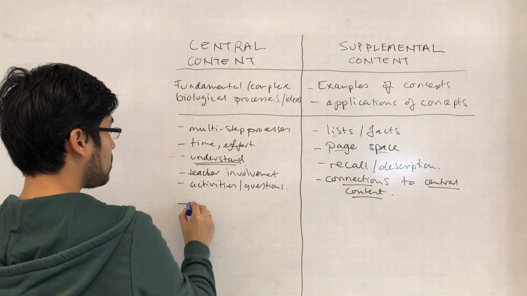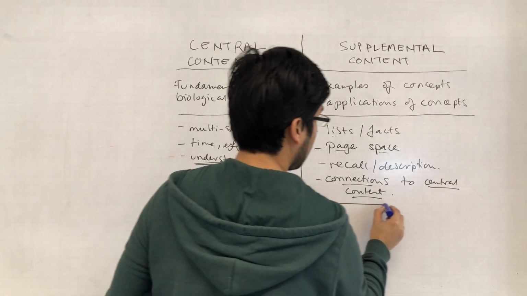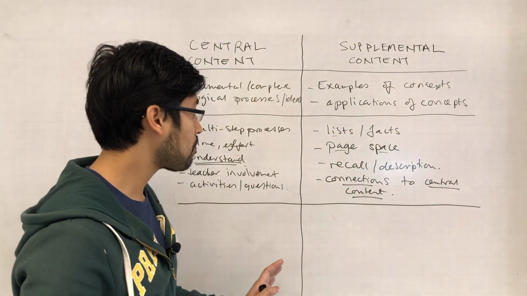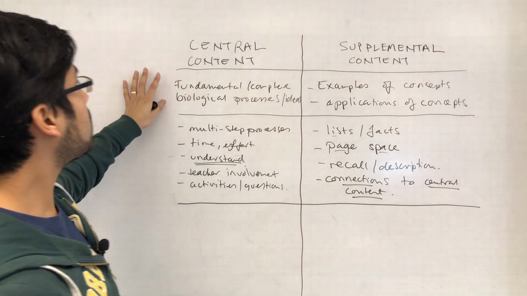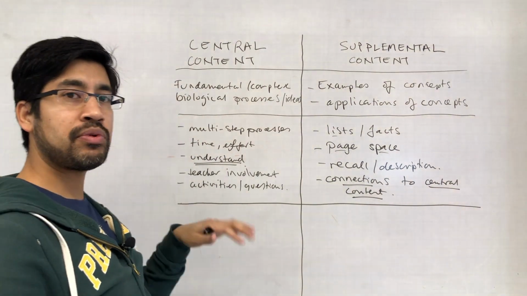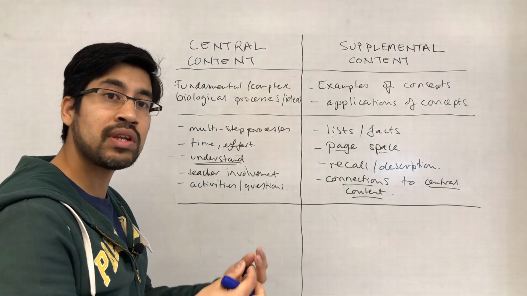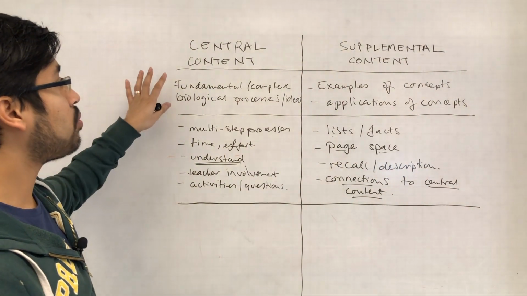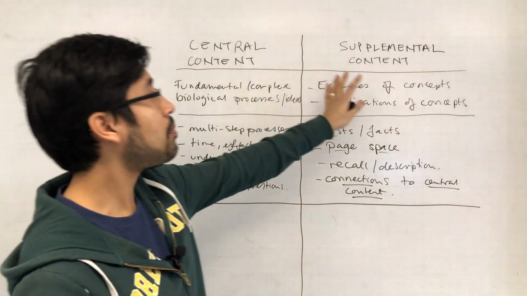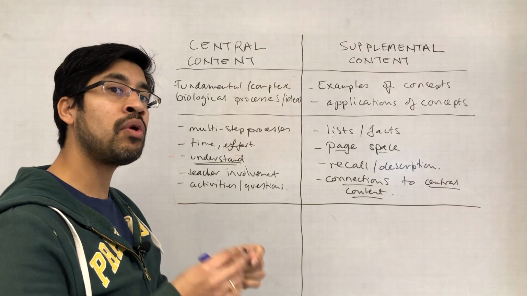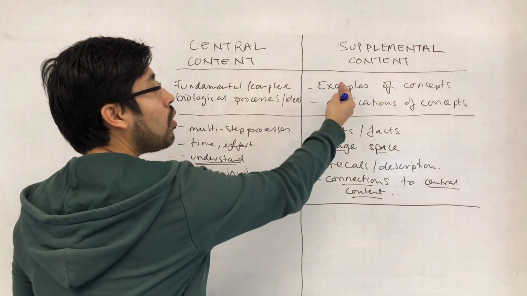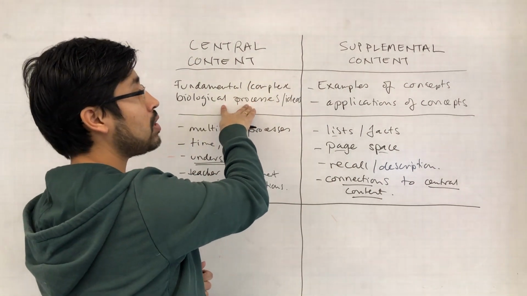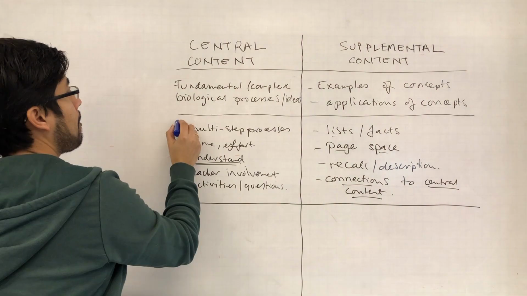Okay, now we'll go through some examples to see what it is I'm talking about here. Central content is fundamental biological principles that really can't be broken down into anything simpler. Okay, this is what the whole idea is based upon. The supplemental content doesn't really stand on its own. It lives because of its connections to the fundamental idea, the fundamental biological principle or process.